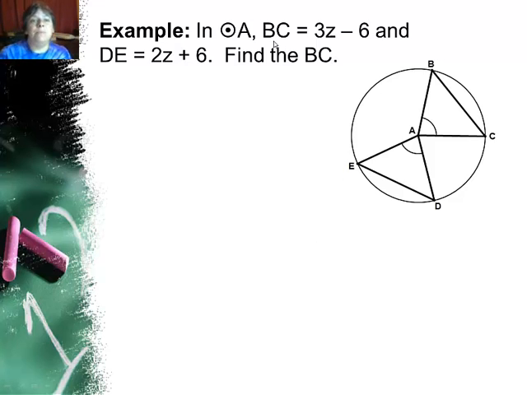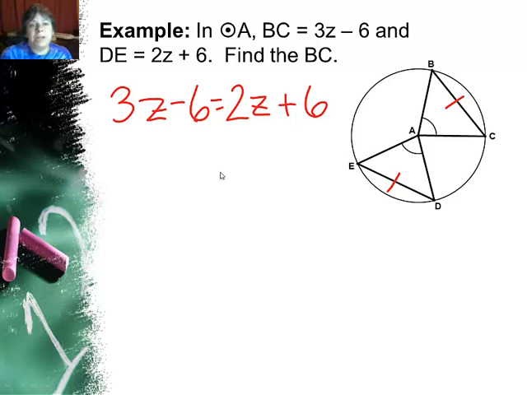So in this example, we have circle A, and it says that BC is 3z minus 6 and DE is 2z plus 6. I want to find the length of BC. Since both of the central angles here are marked congruent, we know automatically that both chords are congruent. So I can set both of those measures equal to each other.